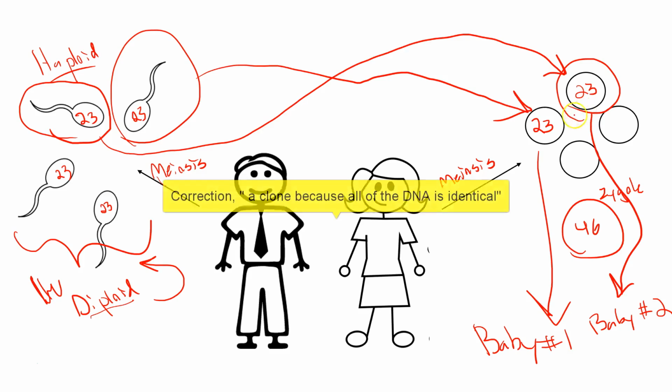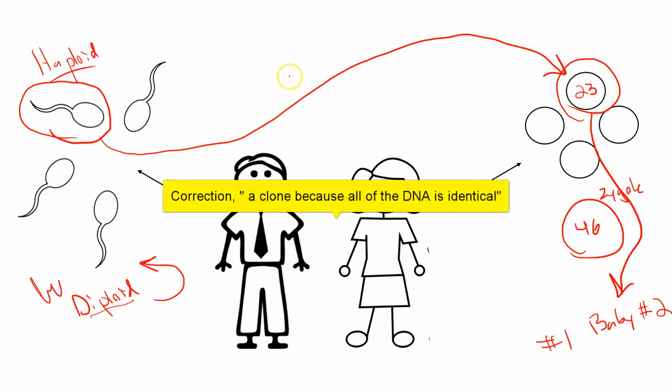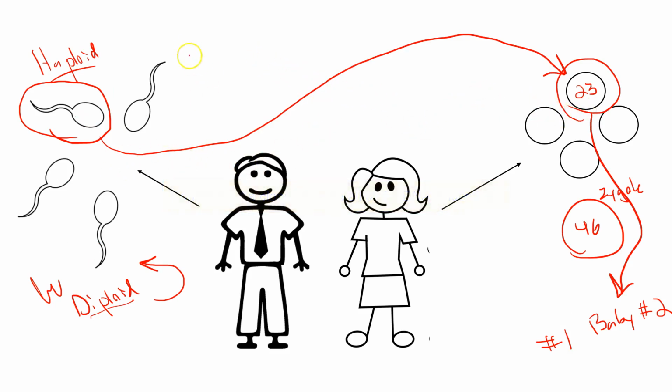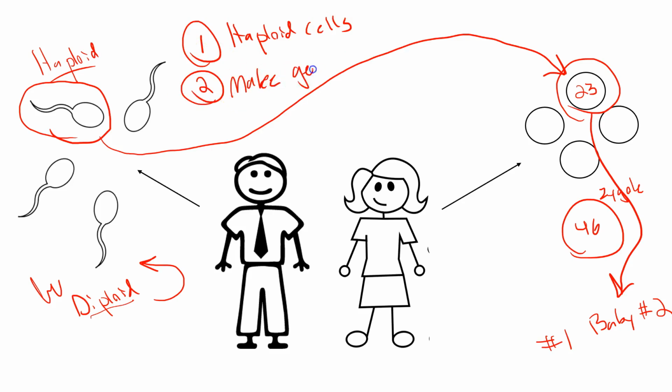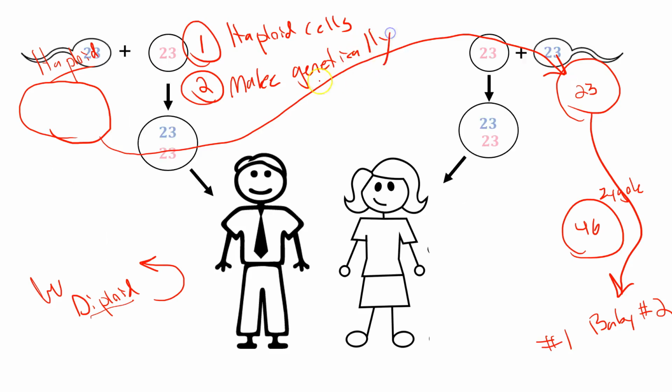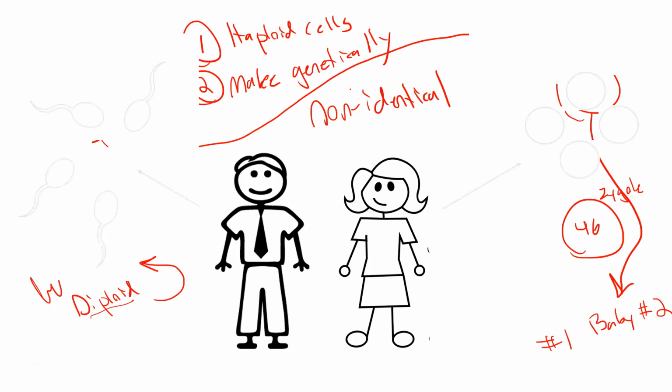But because all of the DNA is different, that doesn't happen. So those are the two properties of meiosis. One, it creates haploid cells from diploid cells, so that's unique. And the other thing is that meiosis is going to make genetically non-identical cells. Okay, those are the two properties of meiosis.